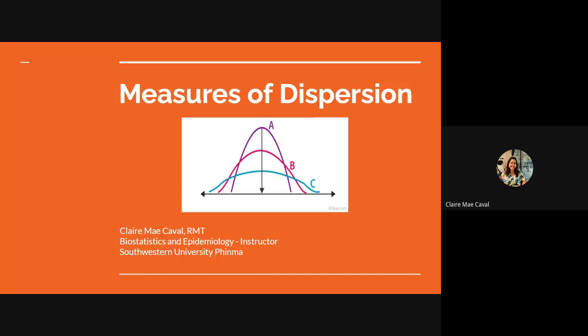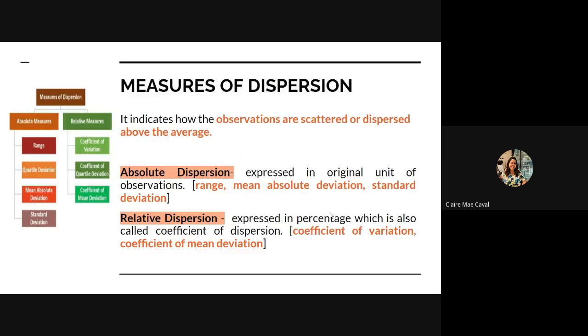Measures of dispersion indicate how the observations are scattered or dispersed about the average. Okay, so meaning class, these are values of observations or a set of data that are scattered about the mean or the average.